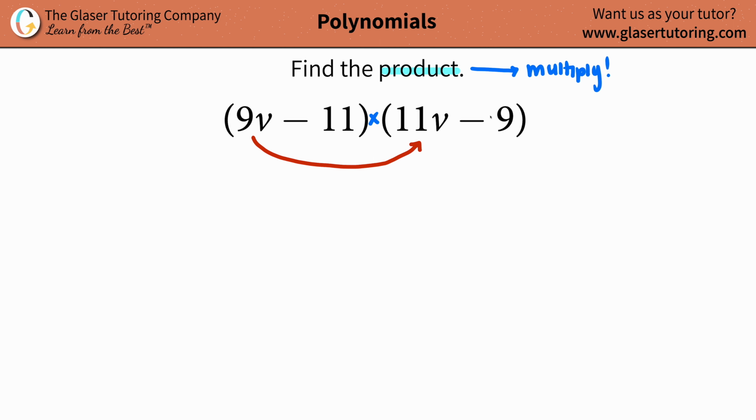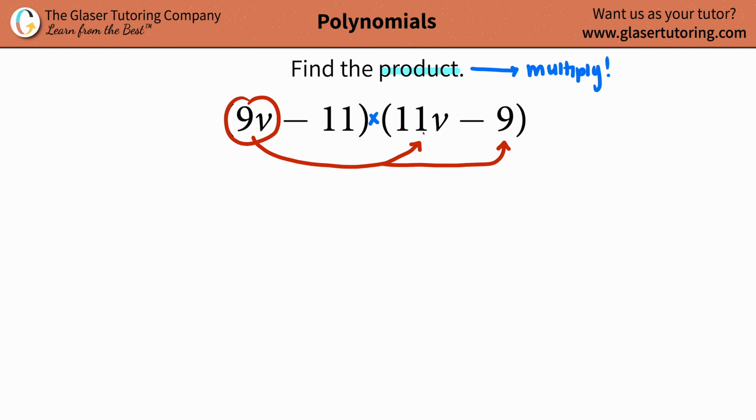The minus sign in the front means that this is a negative value. The negative 9 is like, I want to be multiplied too. And that's why you gotta be fair, right? So the 9v, even if it doesn't want to, it's still got to do it. The 9v is going to get multiplied by the 11v and is going to be multiplied by the negative 9. Let's focus on those two first, and then we'll go to the next term in that parenthesis.